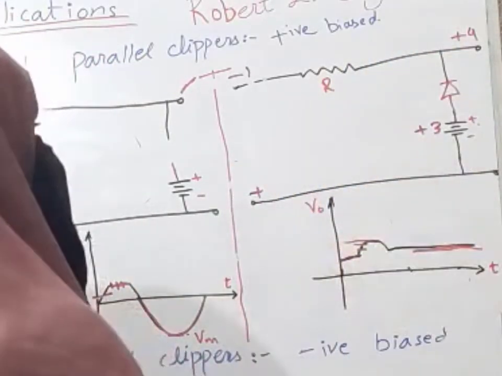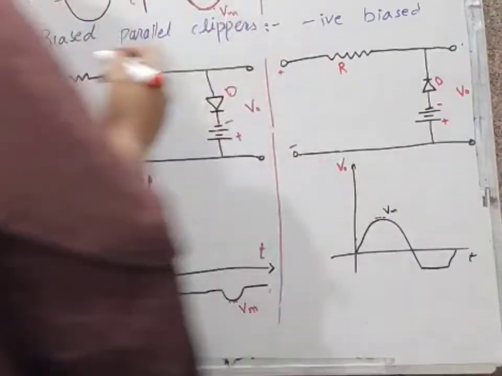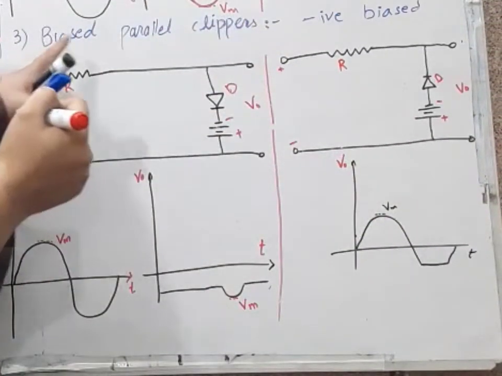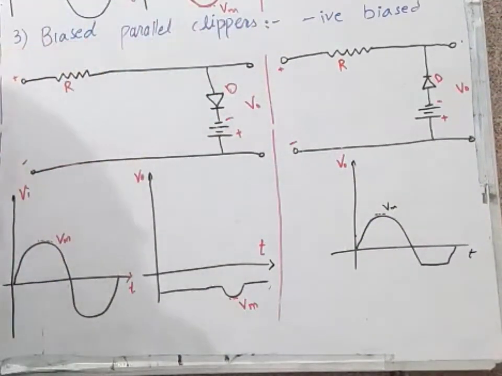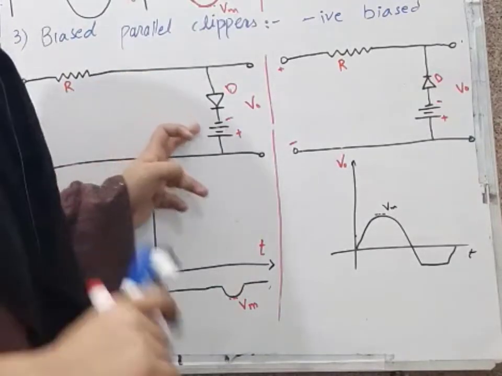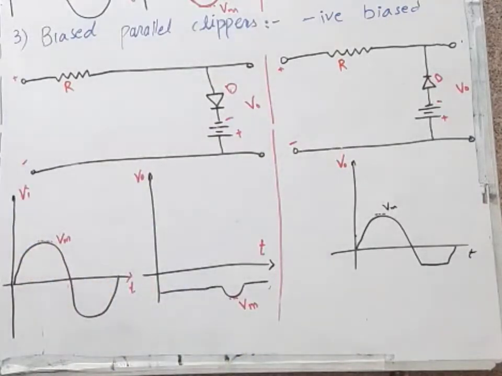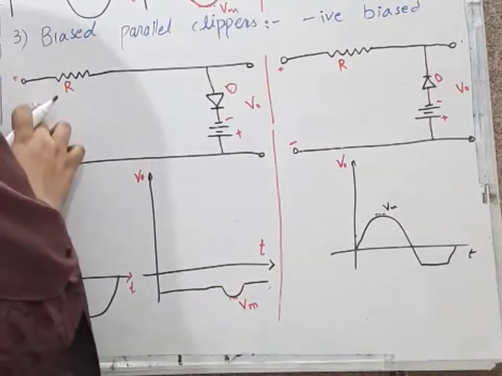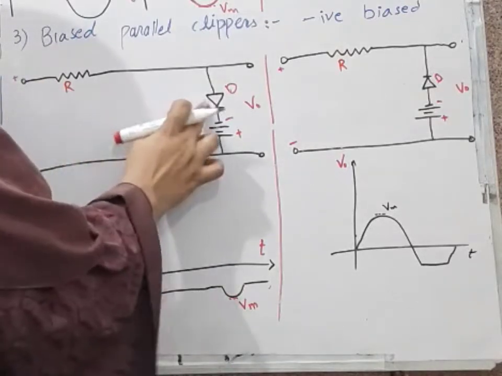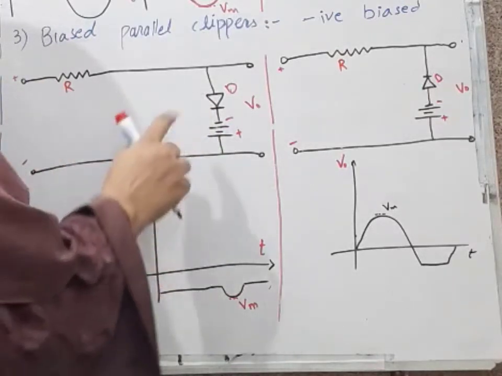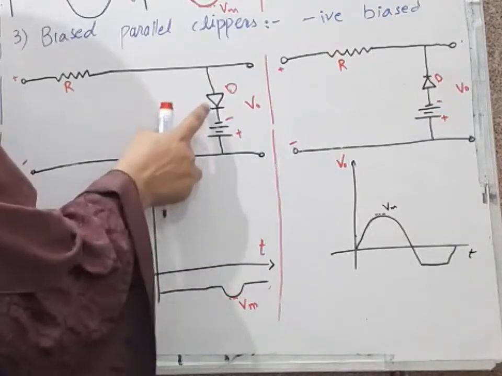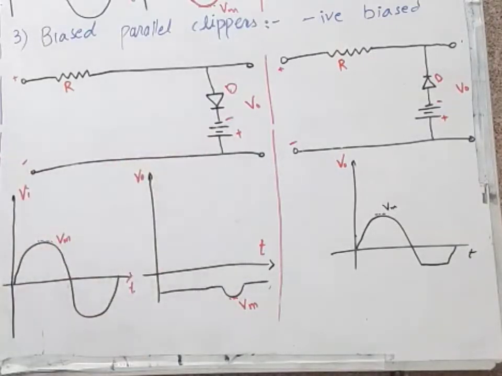this diode forward biased. In this case, the biased parallel clipper with negative biasing, our diode is connected with the negative terminal of battery. In this case, when the positive half cycle came, this positive half cycle will try to make this diode forward biased, and our battery is also trying to make this diode forward biased.